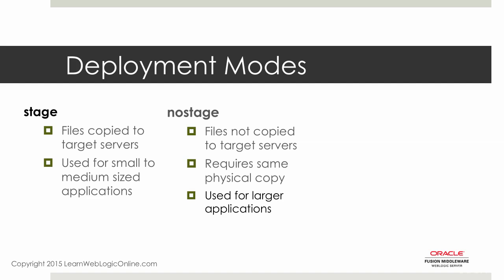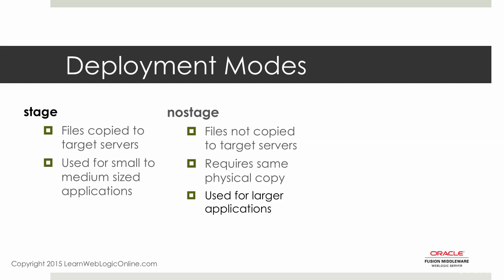Typically, I see an NFS share or a shared drive created where the application is staged, and that share is mounted on all the WebLogic servers in the cluster. And so when you deploy an application using no stage mode, you specify the location of the application that sits on the NFS share. And so the applications will deploy using that copy.